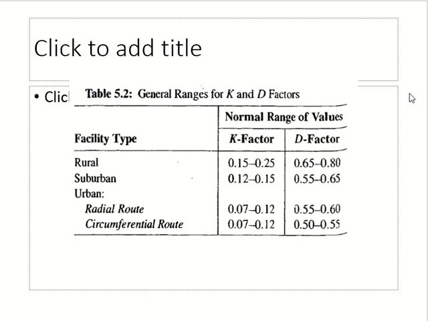Clear? Now look at the values and tell me, when you go from rural to urban, what is happening with the values? Increasing or decreasing? Decreasing, right? And what about the population? Increasing. Population is increasing, the values are decreasing. Population more means traffic is high.